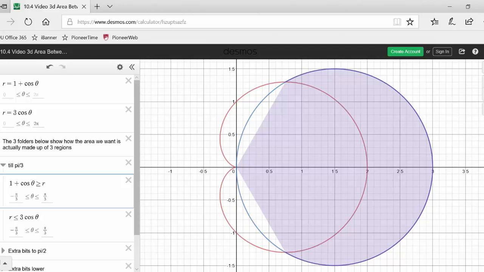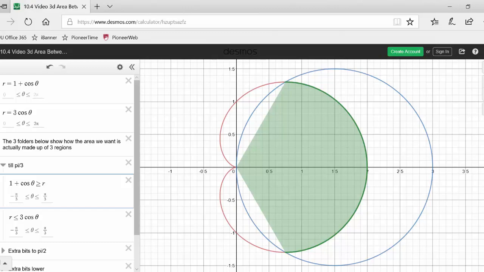And so we see that if we go all the way to the circle, we've gone too far. We actually aren't looking for an area between curves if we just want this region. To get a good portion of the area we're looking at, it would be enough just to find the integral that would compute the area inside the limacon swept out between negative pi over 3 and pi over 3.